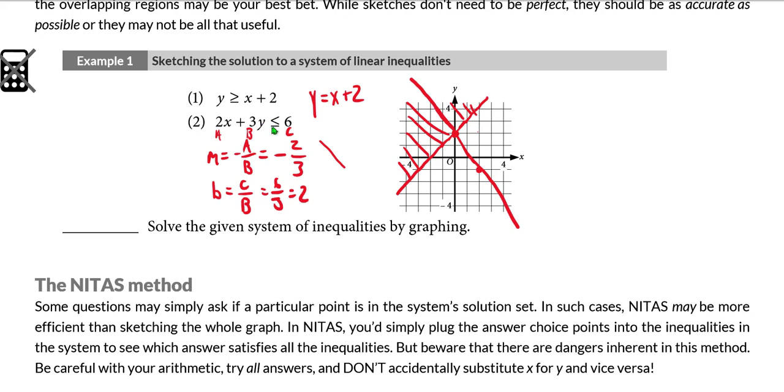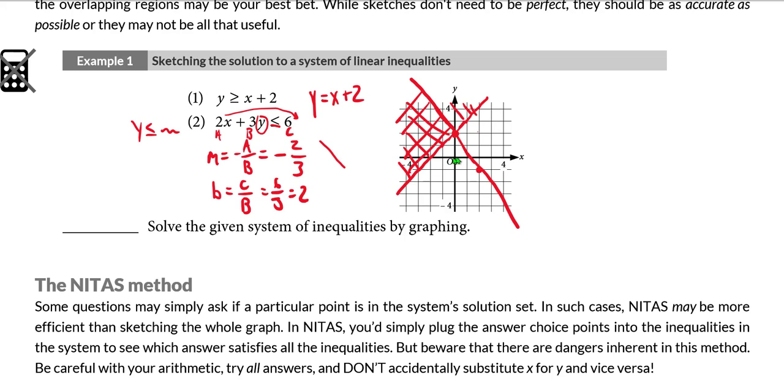In this case, I might want to just think about the fact that if I were to rearrange this equation and isolate my y on the left, everything else would be over there on the right, which means I would be dealing with y is less than or equal to a bunch of stuff. So less than or equal to means that once again, the line is solid, and I am shading below the line.